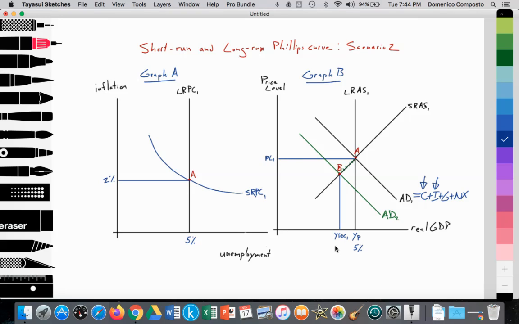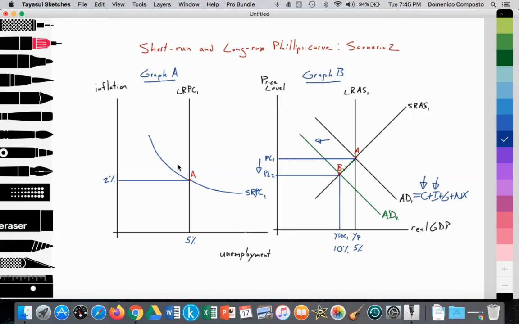And we see an increase in unemployment. Let's just assume that it rises from 5% to 10%. And we also see that the price level is falling from PL1 to PL2, and because aggregate demand has decreased, it's led to a fall in the price level. That is what we call bad deflation.